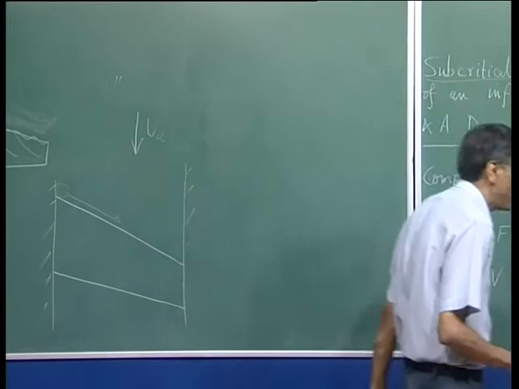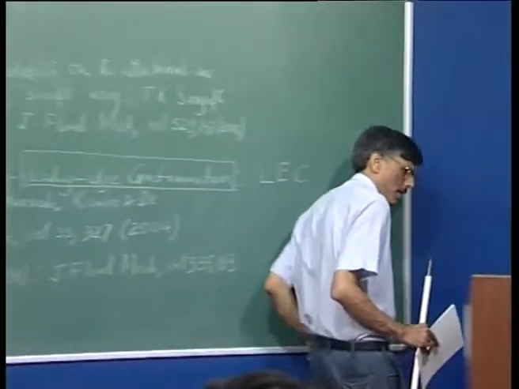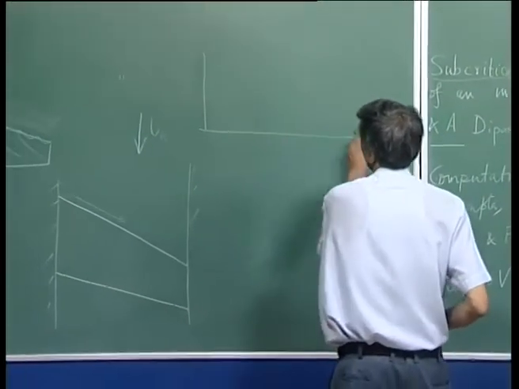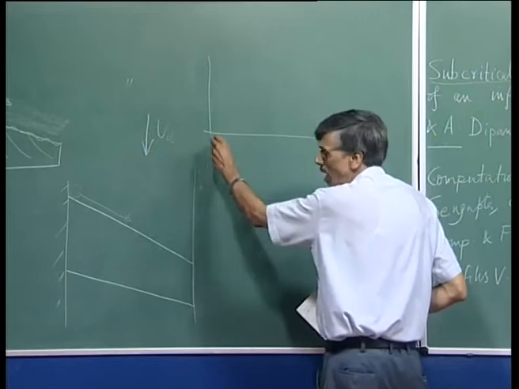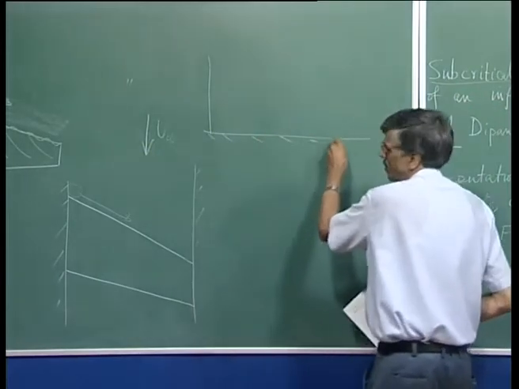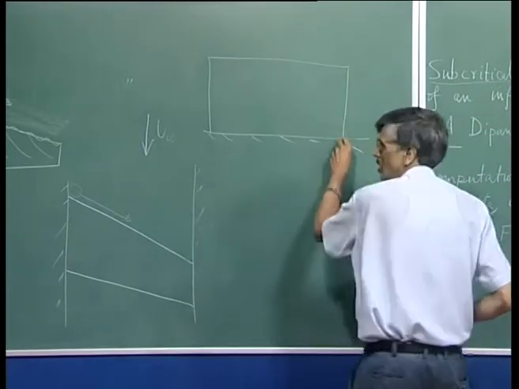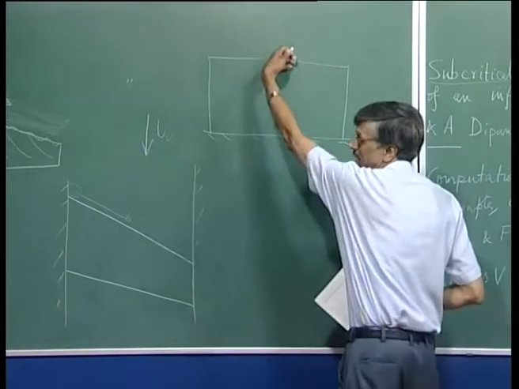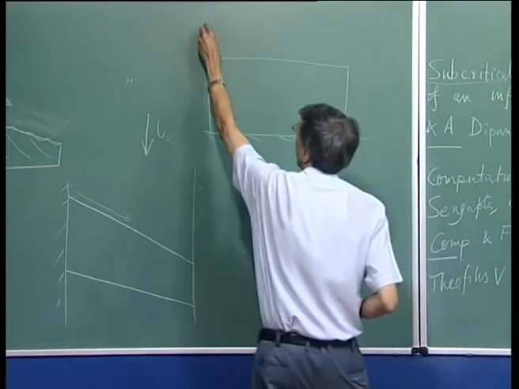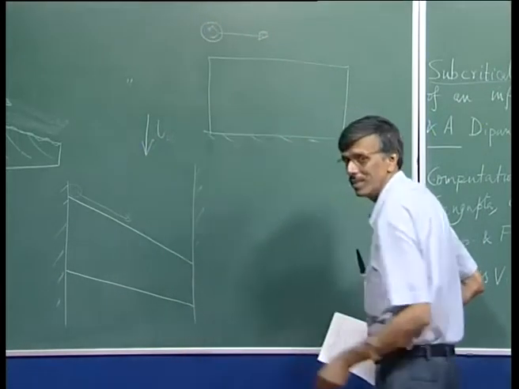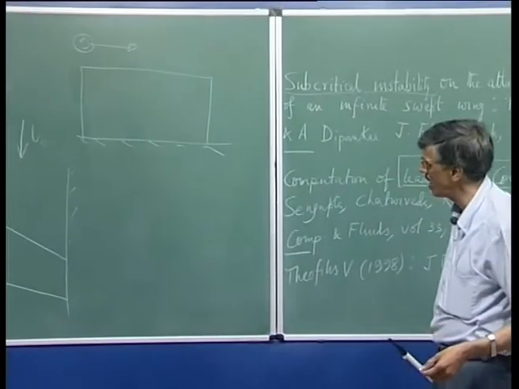So, what we are going to basically study is a domain like this. So, this is our wing now. Now, there is no question of taking the leading edge, etc. So, we take a box like this. That is your attachment line plane, and then you have vortices migrating outside the shear layer.